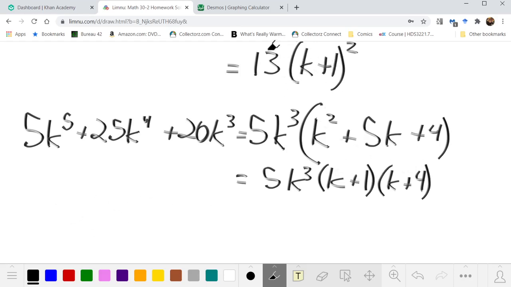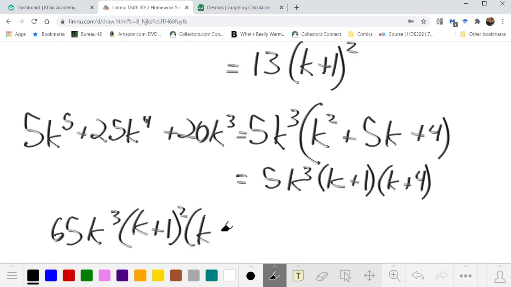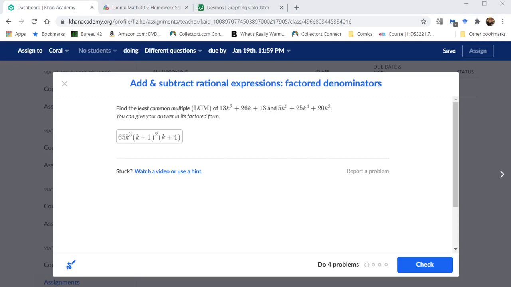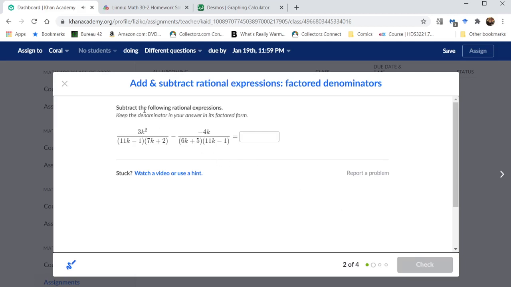So the least common multiple will be 13 times 5, or 65, k cubed, k plus 1 squared, k plus 4. So this is, as far as we can take it, our least common multiple. So we're careful to check as we're transcribing it through. And then we move on to our next one.